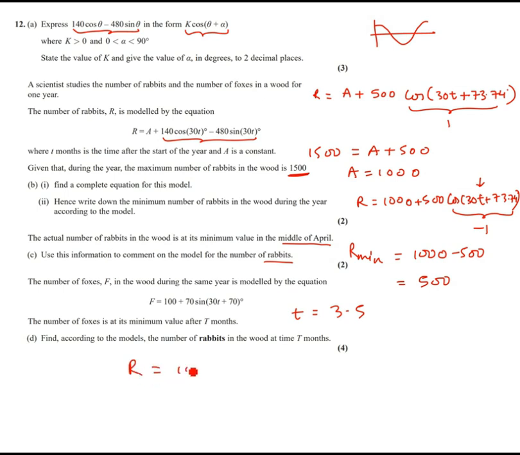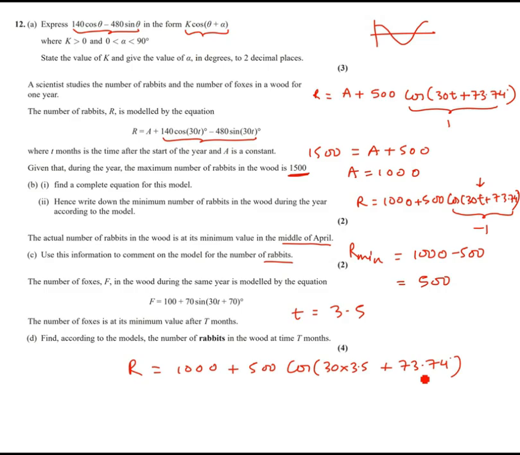So R will be 1000 plus 500 times cos of 30 times 3.5 plus 73.74 degrees. Let's work it out. If we get a realistic number here, then we can say that this model is okay. If not, then this model is not good. So cos of 30 times 3.5 plus 73.74, bracket close.